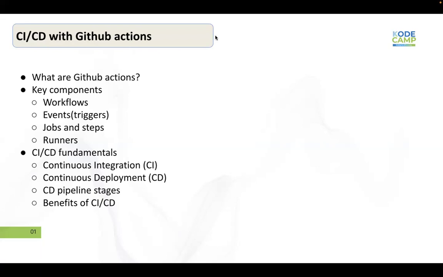So once you push your code, that is code commit, then it will build your code. If the build is successful, it runs unit tests, integration tests, end-to-end tests. Or let's say the code quality checks come before the automated testing, because it will have to format your code, lint, and scan for security vulnerabilities. And then testing comes in, which will run the unit tests, integration tests, and end-to-end tests.